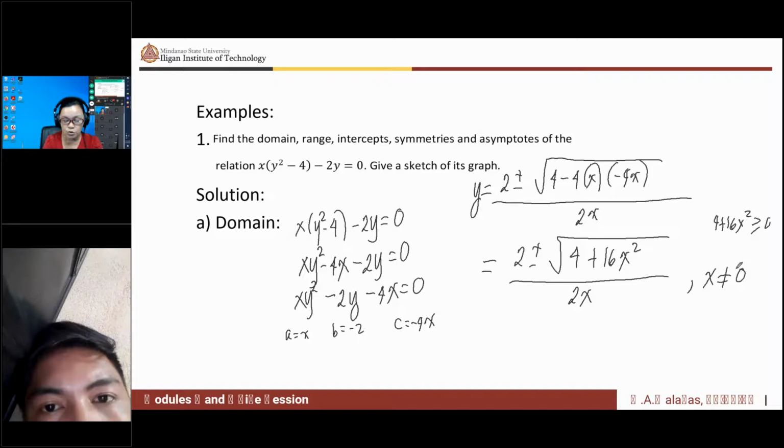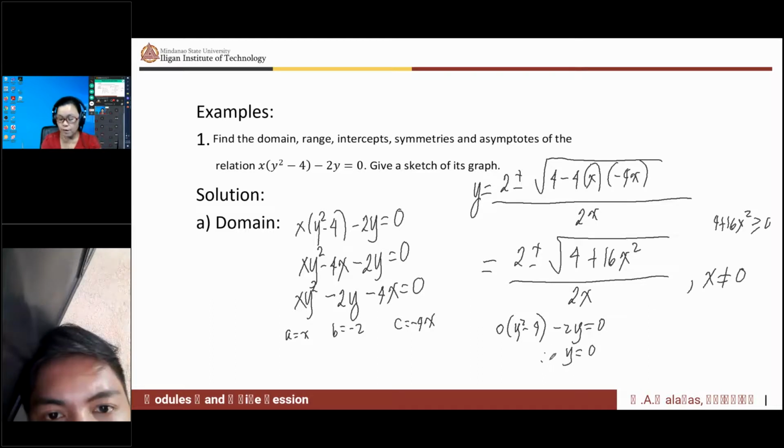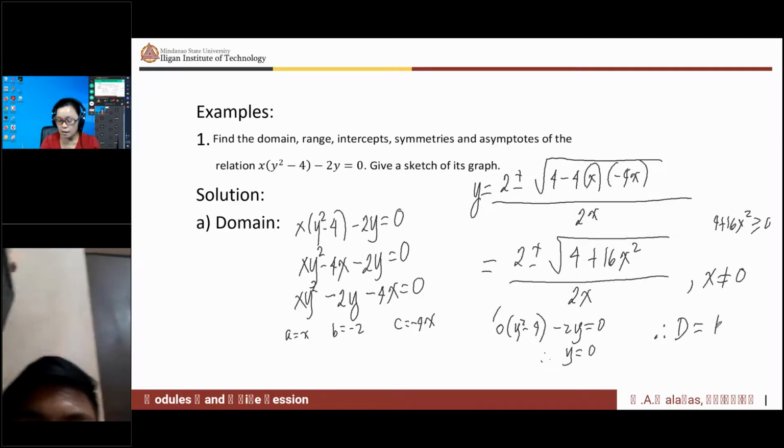However, if we substitute x equals 0 into the original equation, you get y equals 0. So therefore, 0 is being paired with 0. In other words, 0 is still in the domain. So therefore, the domain of the relation is R.